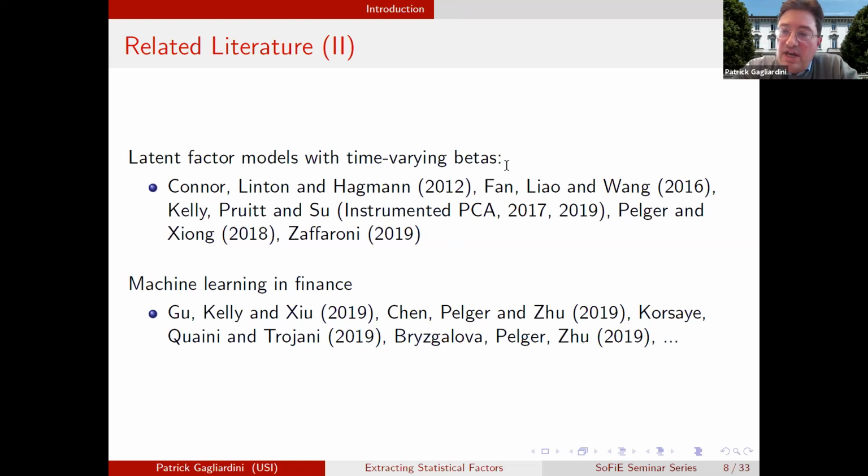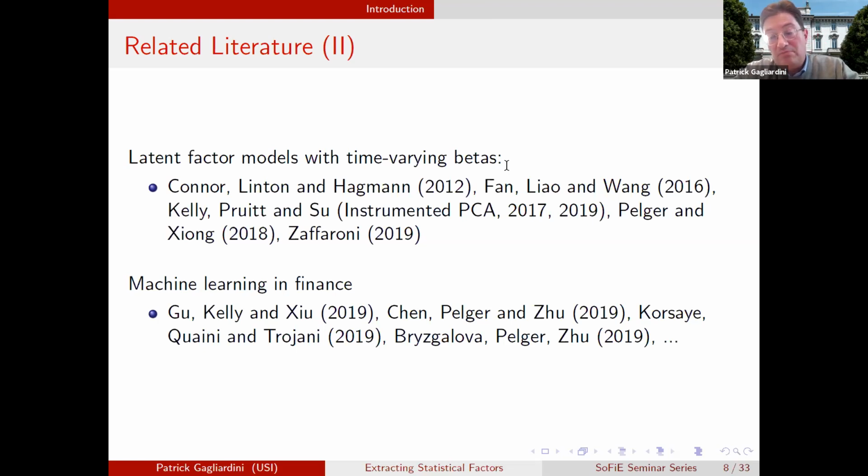In the paper I'm presenting today, our focus is more on the conditional factor space, on conducting the inference on this conditional factor space by being rather agnostic in some sense on the dynamics driving this beta. And we allow for the fact that the conditioning information set driving this factor space is rather high dimensional. And we would like to see how the use of machine learning techniques can provide advantages or disadvantages in the inference on this conditioning factor space.